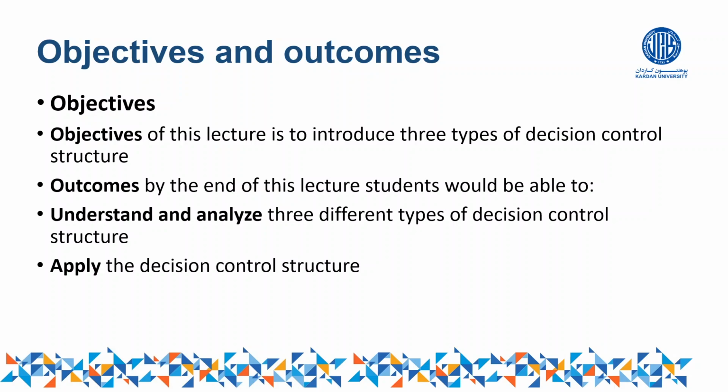Outcomes of this lecture, it means by the end of this lecture what students are going to get. Students should be able to understand and analyze 3 different types of decision control structure, and then apply the decision control structure when you write a program.